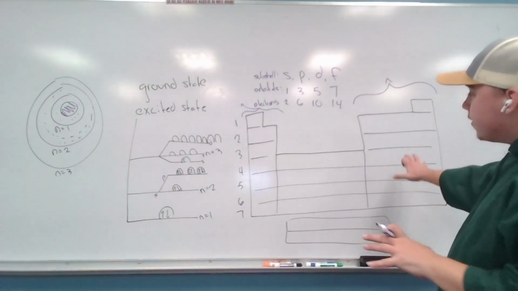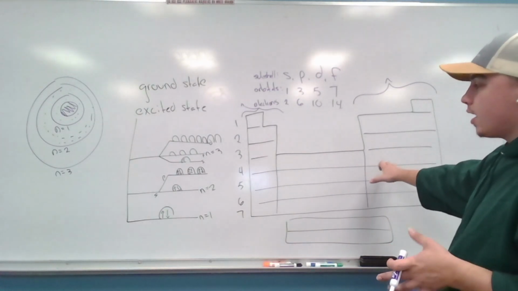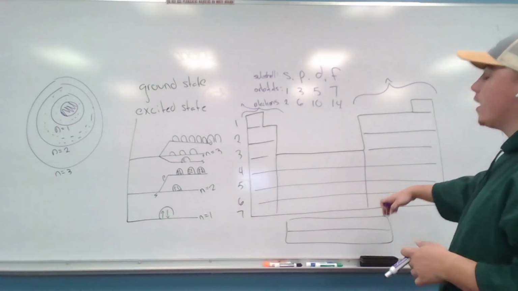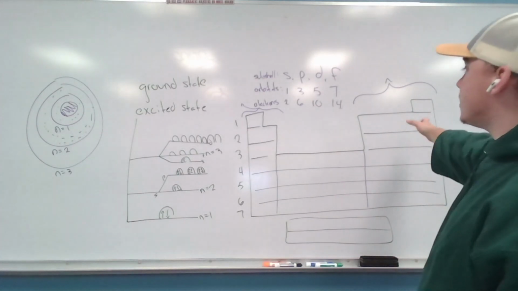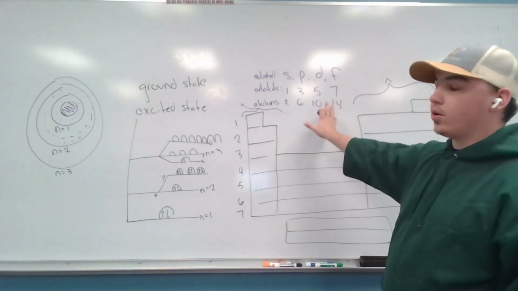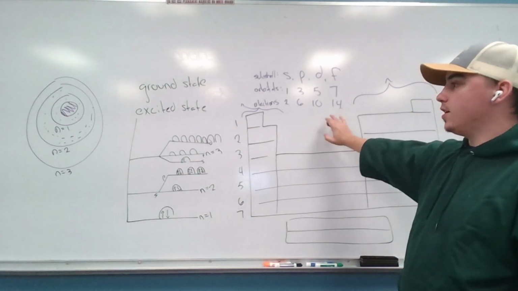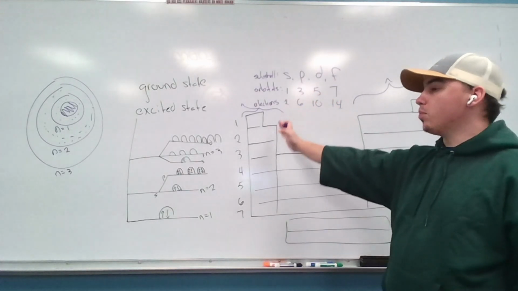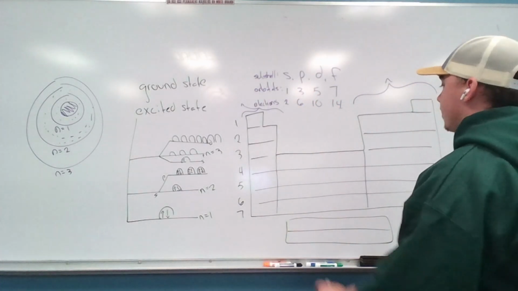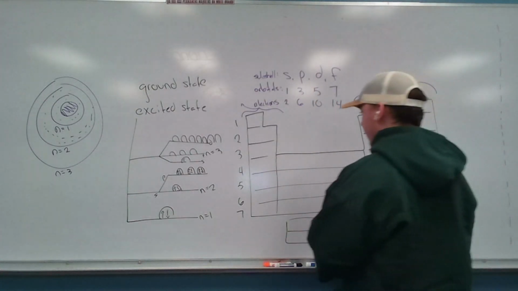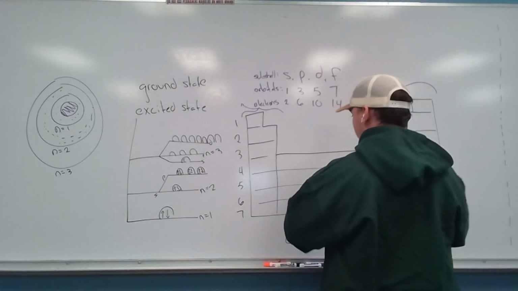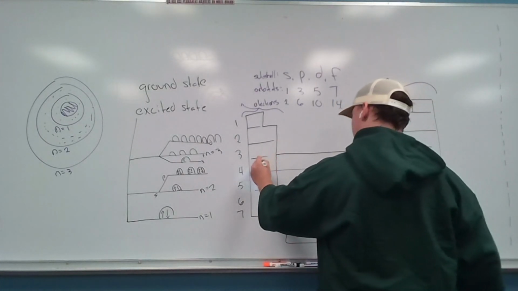However, it's not just that the transition metals are weird. We can actually use these to show which subshell is which. These are called blocks, by the way. So this right here is the S block.